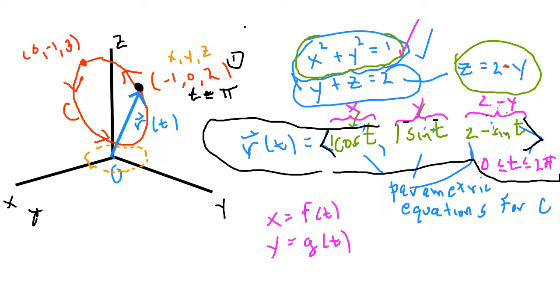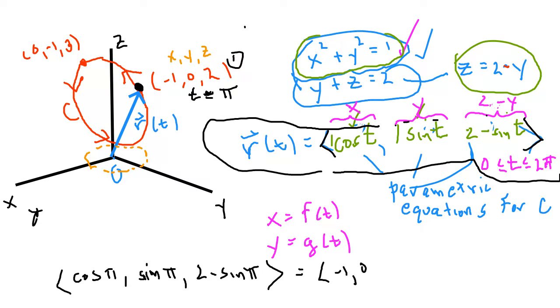Because the cosine of pi, the sine of pi, and 2 minus the sine of pi equals -1, 0, and 2 minus 0, which is 2.